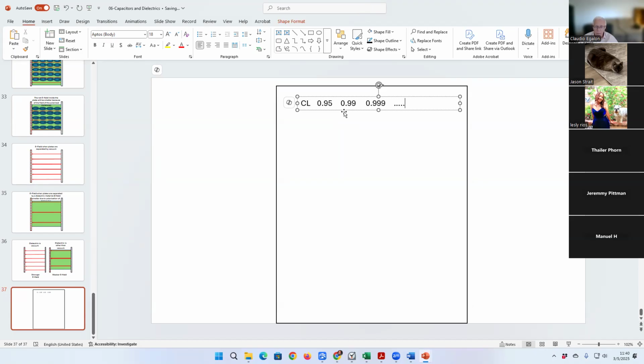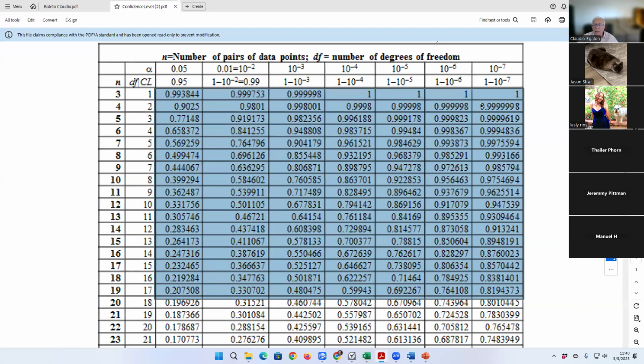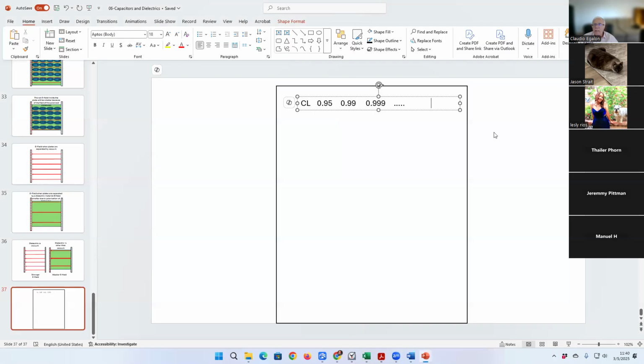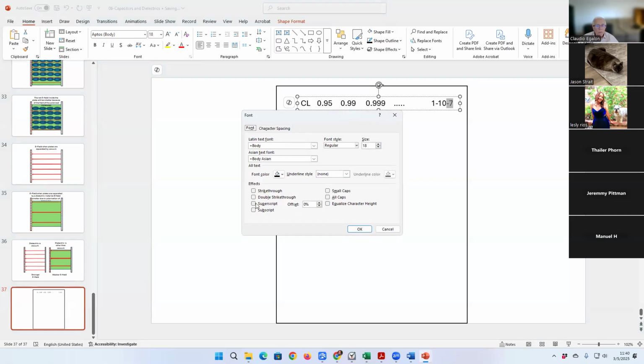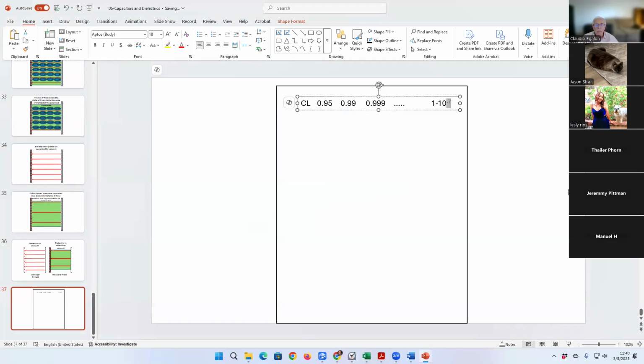1, 2, 3, right? 0.99999. It's a bunch of nines, right? 1 minus 10 to minus 7. That's superscript. Here is 1 minus 10 to minus 3, right?